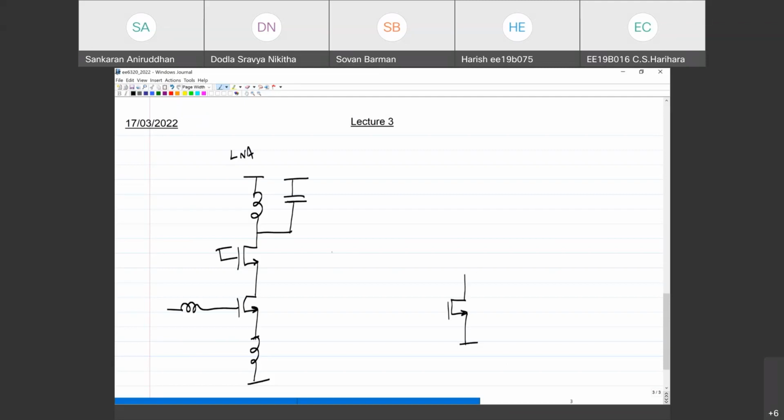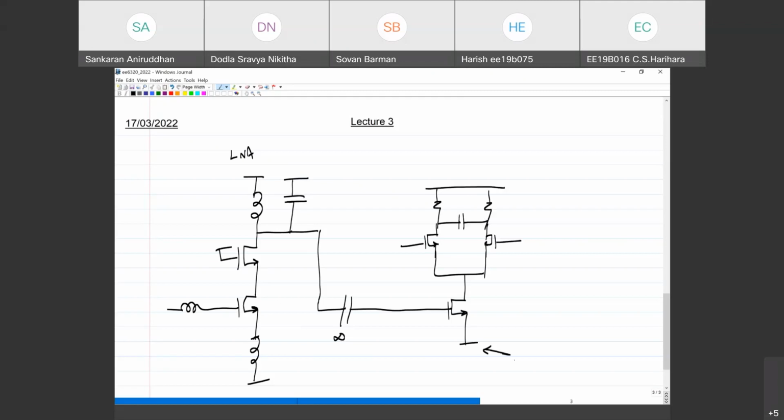You don't need an LS for the mixer as well. I've just shown a single balanced mixer, but here you don't need it if it's on the same IC.